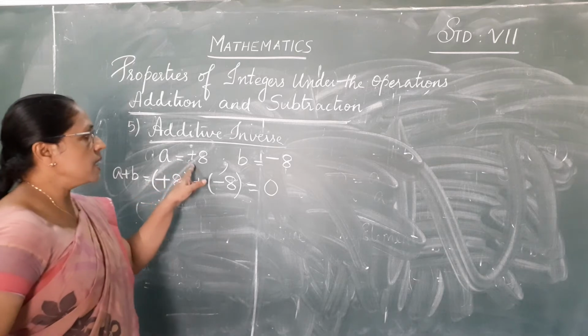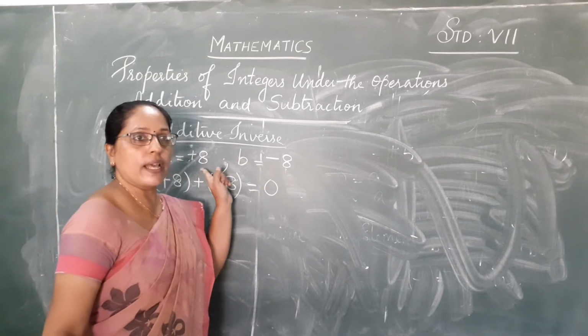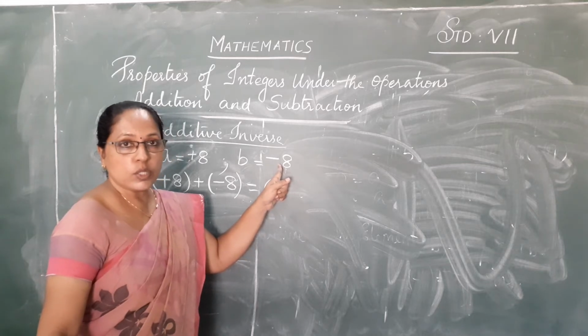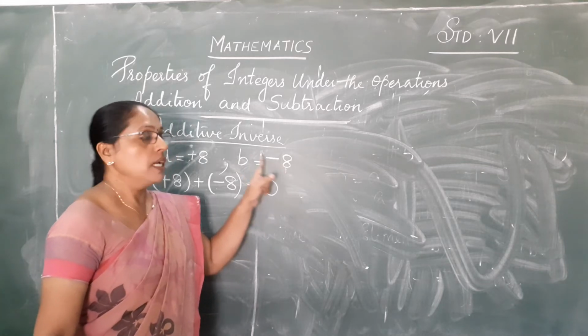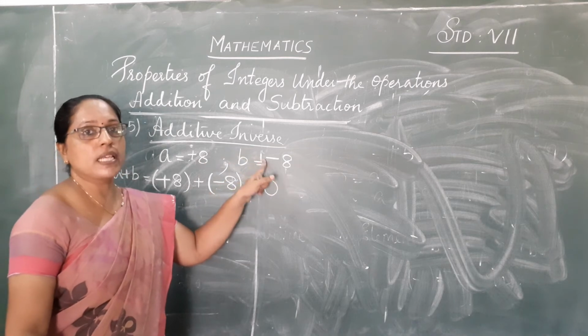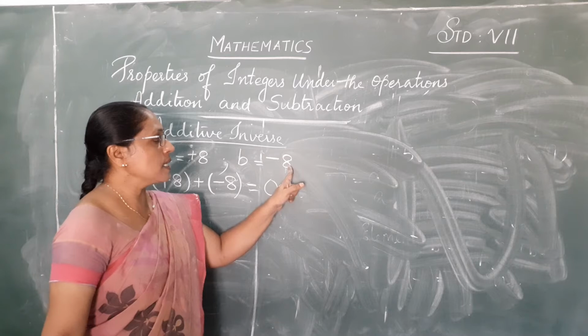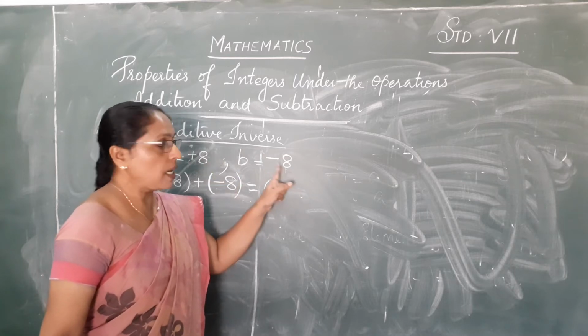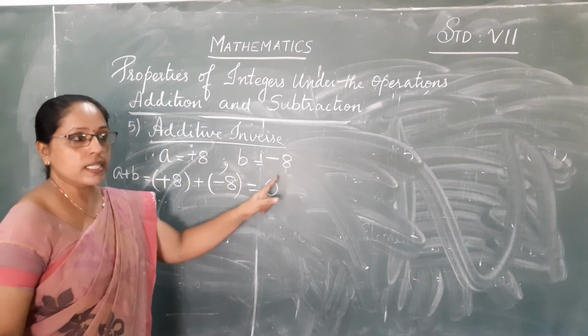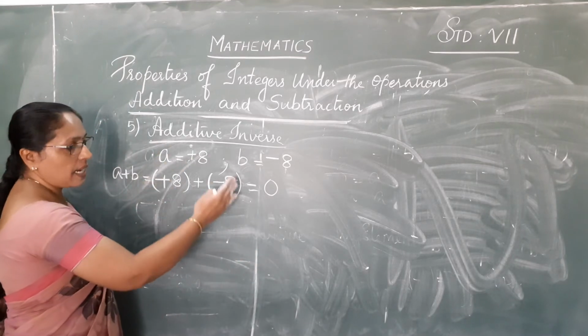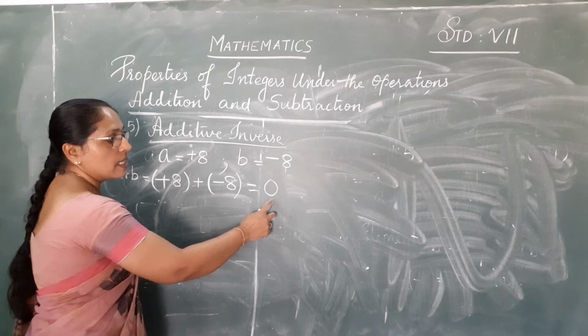So positive 8 and negative 8 are known as additive inverse of each other. So what do you mean by additive inverse? Numbers are same but signs are different. Numbers having same numbers having different signs are known as additive inverse. And the property is when you add a number and its additive inverse, you will get the answer 0.